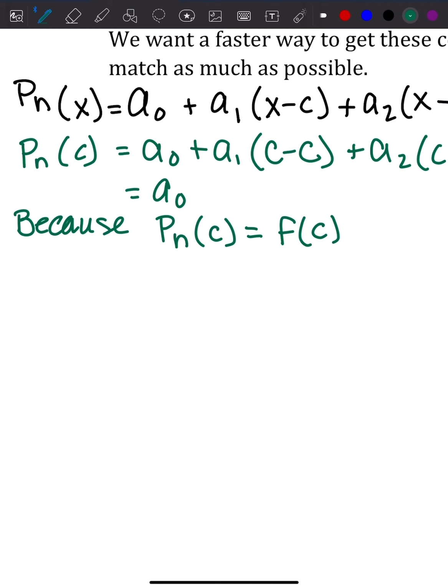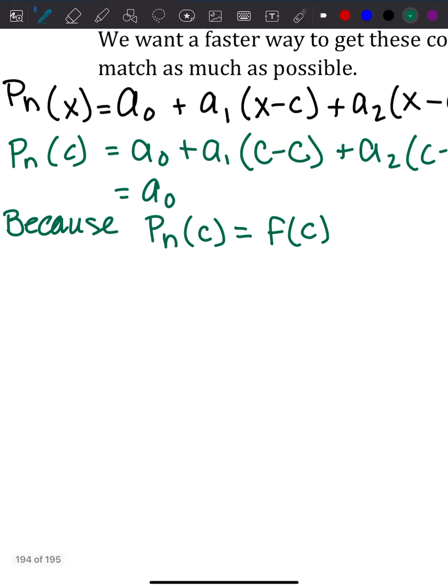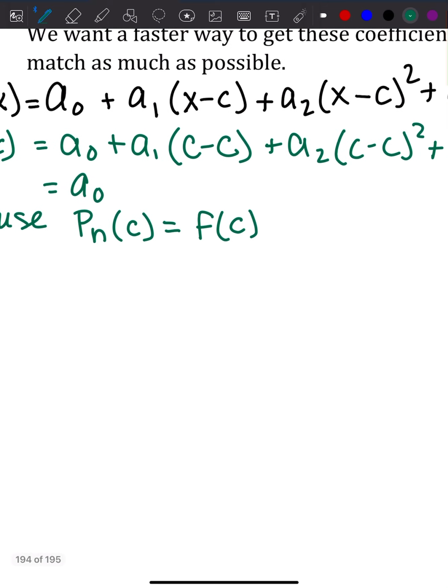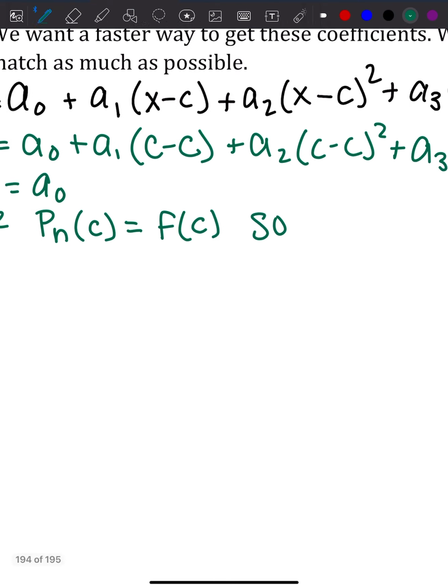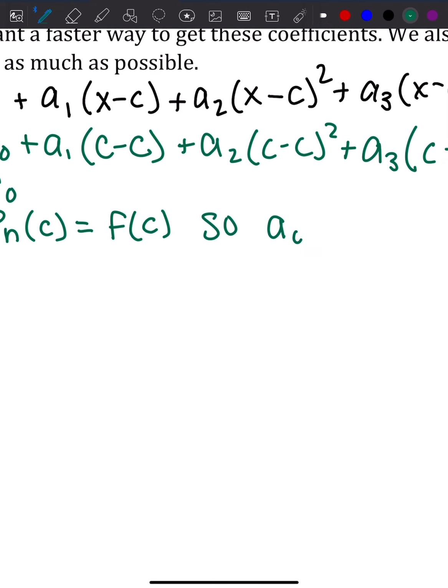Because of that, we know that p sub n of c is the same thing as a sub 0. And a sub 0 then has to equal f of c. So we know our first coefficient is going to be the y value of our function at c.